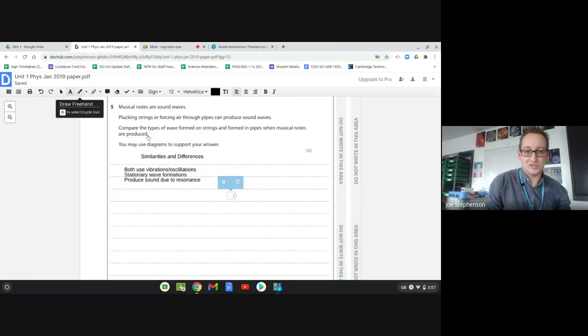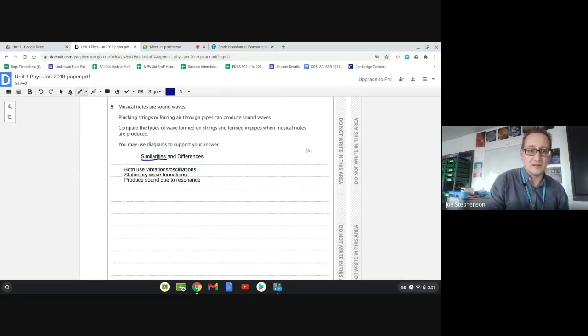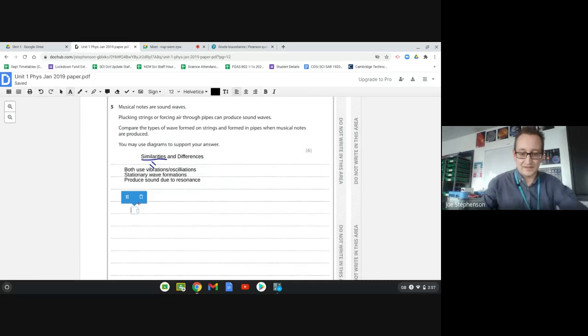Okay, so the similarities are these things here. Let's have a look at some of the differences. Well, what we might say straight away is that a string requires a string to vibrate, whereas with the air column, it is the air particles that vibrate.